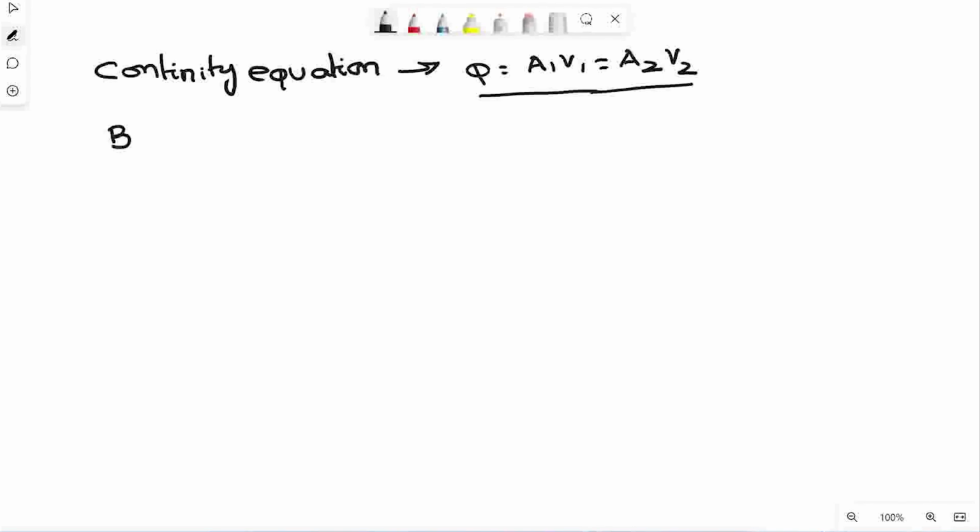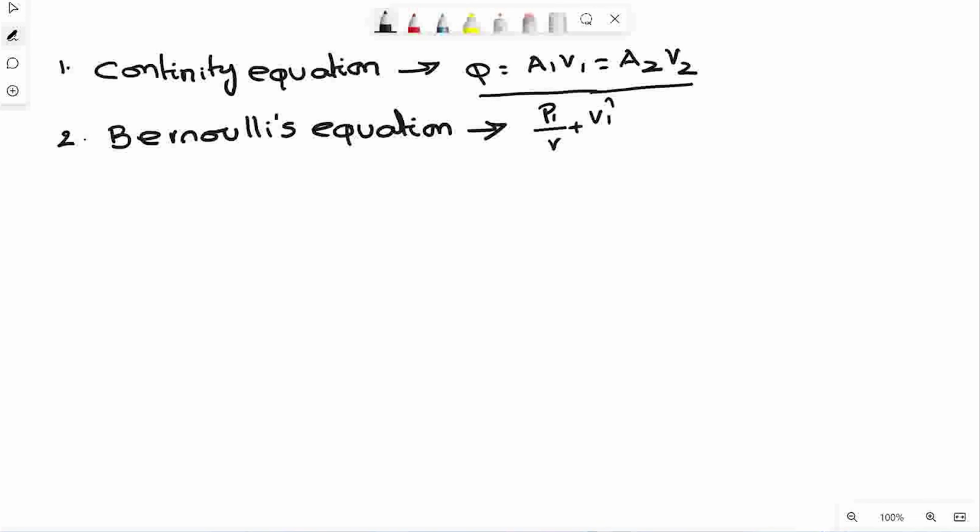The second equation which we have learned is the Bernoulli's equation, which is the energy equation. This establishes the relationship between pressure and velocity between two sections: P1 by gamma plus V1 squared by 2g plus Z1 is equal to P2 by gamma plus V2 squared by 2g plus Z2.